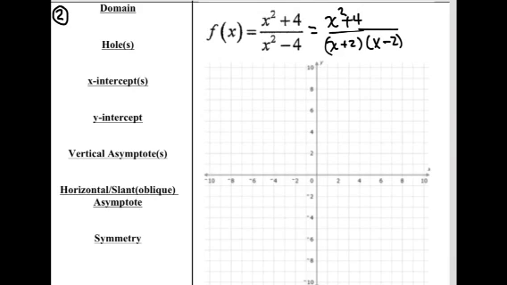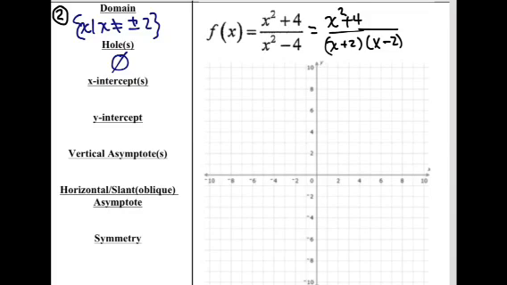Okay, and with that, we know that the domain is going to be all x such that x cannot be plus or minus 2. Again, by looking at the denominator, those are the values that make the denominator 0. It has no holes because we have no common factors to cancel out, so no holes.